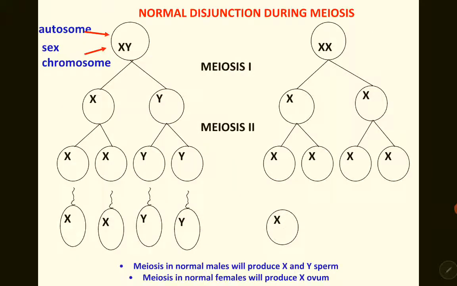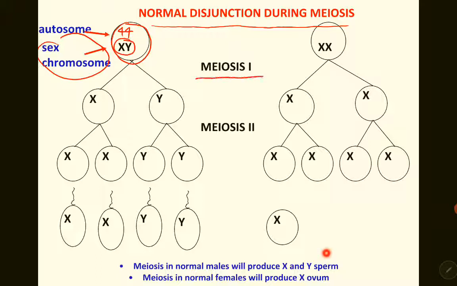So this is a diagram showing the normal disjunction during meiosis in spermatogenesis and oogenesis. Let's say this is the autosome and the sex chromosome. The autosome is normal disjunction, 44. Now we focus on the sex chromosome here, XY. During meiosis 1, the chromosomes X and Y will be separated as a pair of homologous chromosomes, while in meiosis 2, the sister chromatids will be separated.